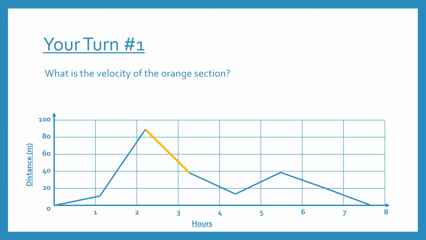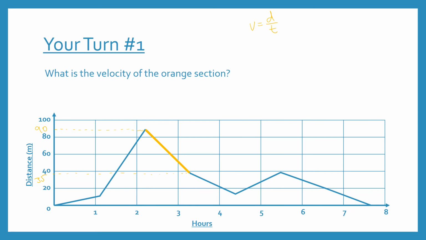All right, so we begin by remembering our formula. Velocity equals distance over time. And we're going to try to work out what our distance and time is. So for our distance, we do these lines, we do similar ones here, and we're going to go from about 90 down to, let's say, 35.